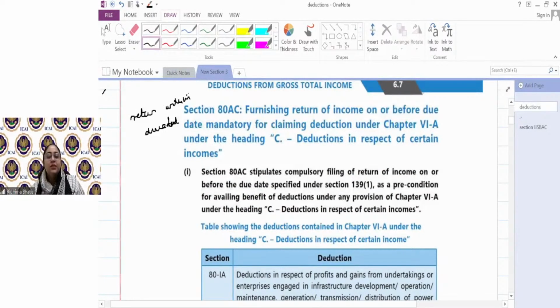So the answer is yes and no both. As I told you, in chapter 6A there are certain deductions which are payment based, then deductions which are certain income based, and then other income based.